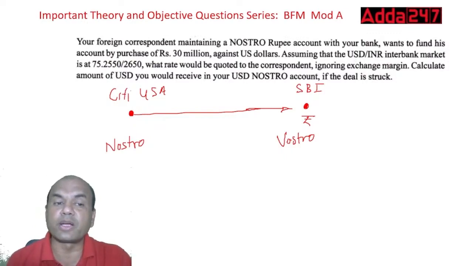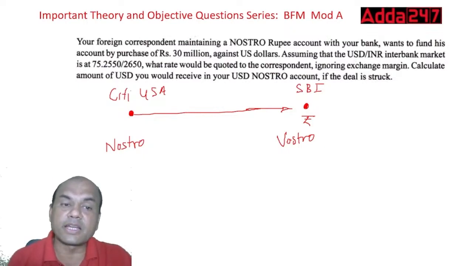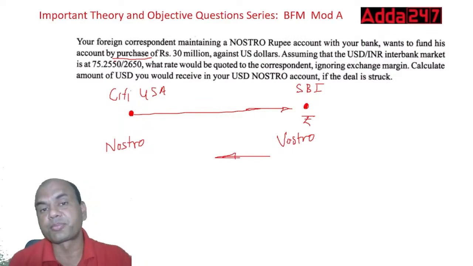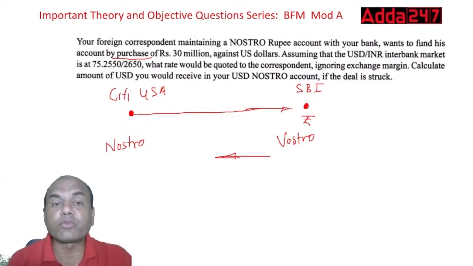Now it wants to fund his account by purchase of rupees 30 million. Understand this properly. Purchase of rupees 30 million means what? Rupees is purchased. So what is going to Citibank here? Whenever you purchase a vegetable, the vegetable goes to you. Now who is purchasing it? Citibank is purchasing.